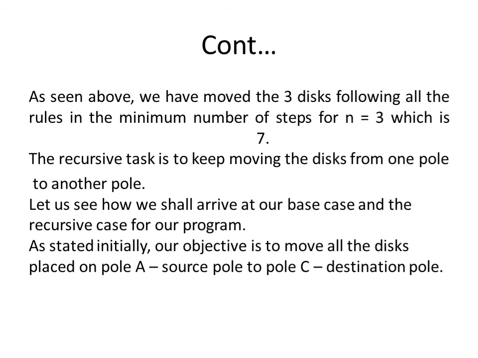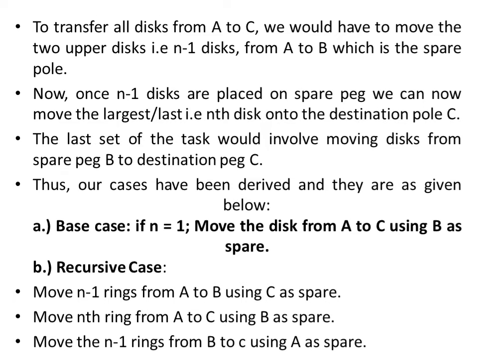As stated initially, our objective is to move all the disks placed on pole 1, A, which we take as the source pole, to the destination, that is C. To transfer all the disks from A to C, we first have to move the upper n minus 1 disks from A to B, which is the spare pole.